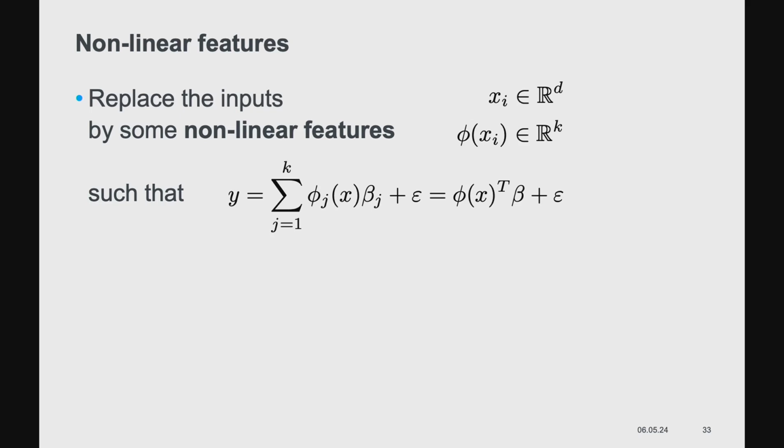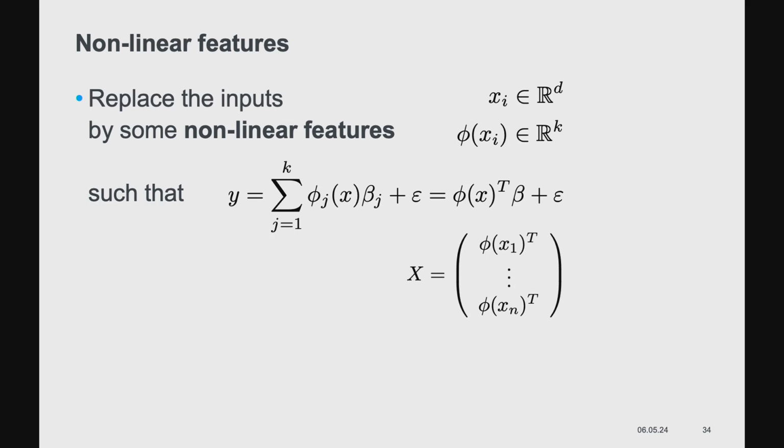And so I have possibly different feature components that I compute from my input vector x and multiply them component-wise with the corresponding parameterizations, plus I have some noise. And I can write this more elegantly as phi of x transpose times beta, where phi of x is a vector. And this phi does something funny, weird, whatever I like it to be, multiplied with beta, and I assume there is further noise.